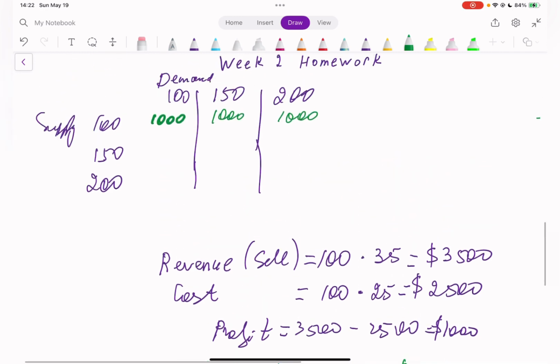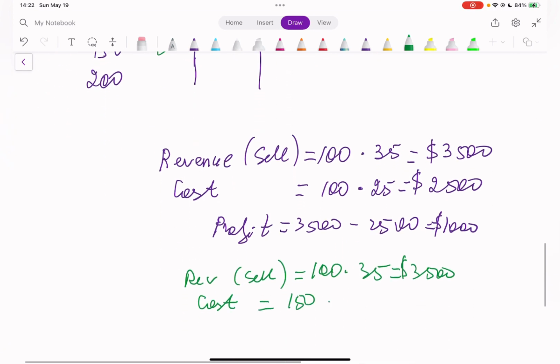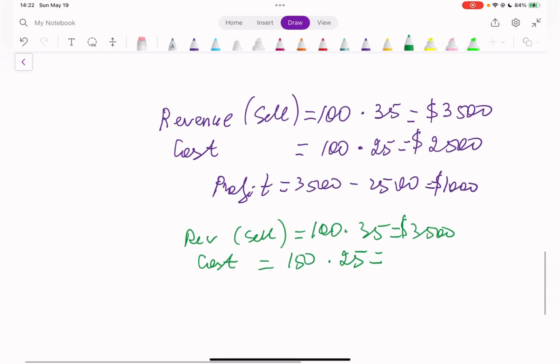We made 150, right? So it's gonna be 150 times 25. So 25 times 15, 375, and a zero. So 3,750. One zero is additional.